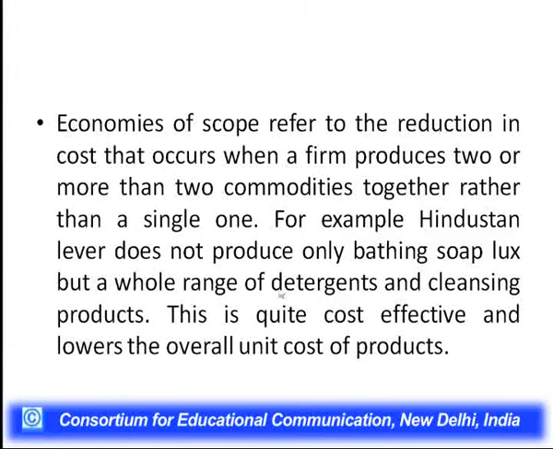For example, Hindustan Lever does not produce only bathing soap Lux, but a whole range of detergents and cleaning products. This is quite cost effective and lowers the overall unit cost of products.